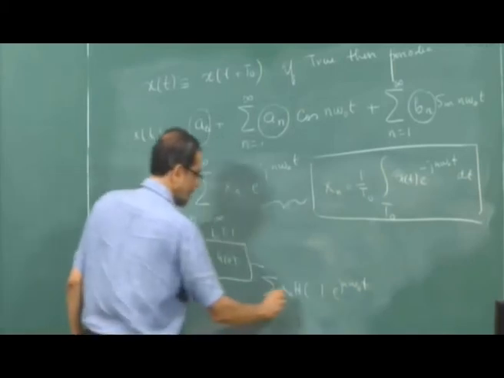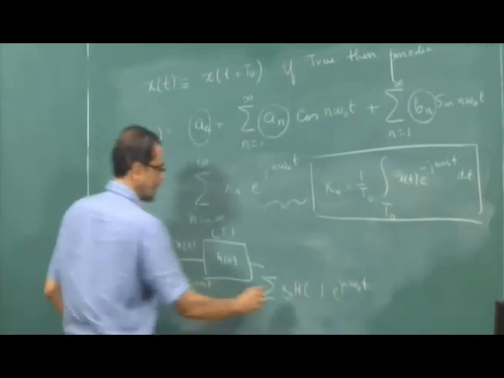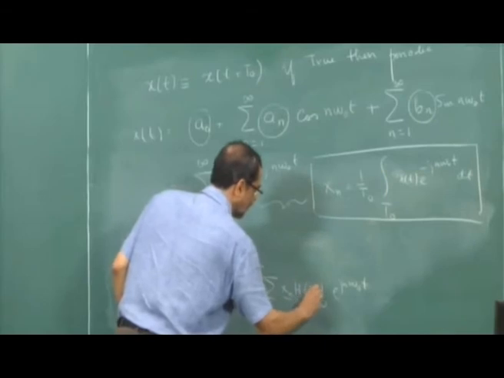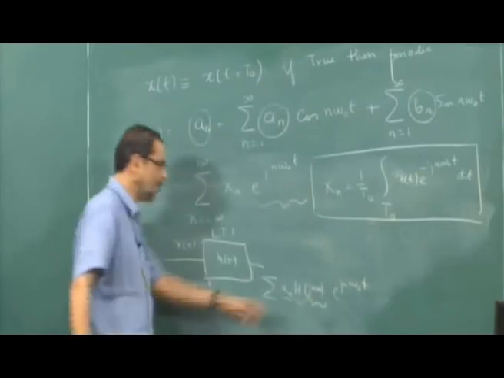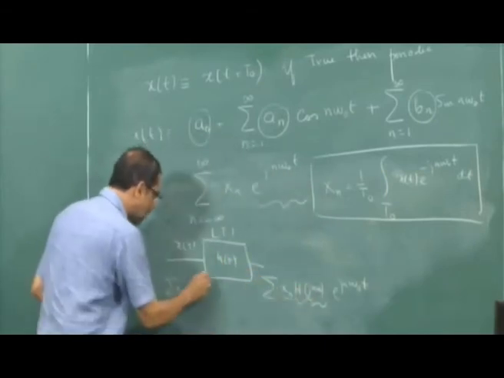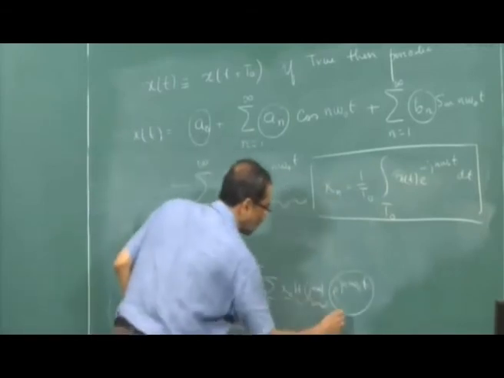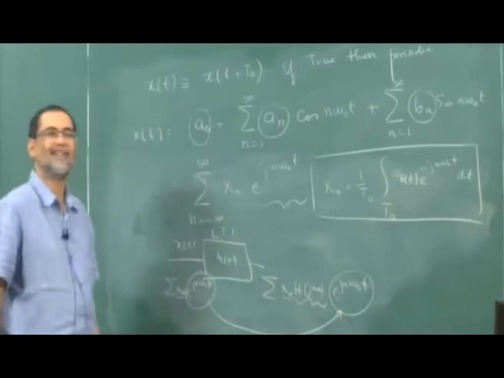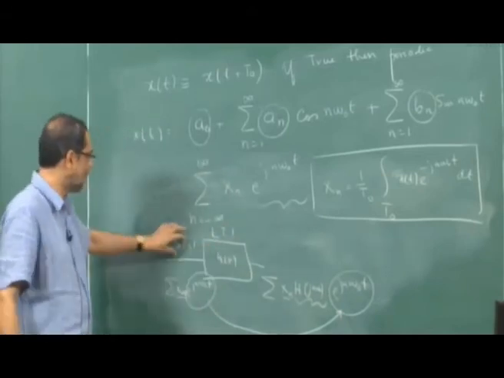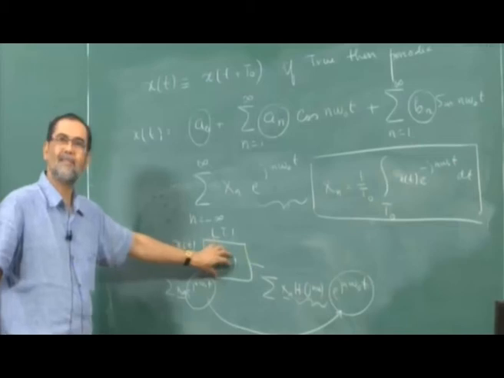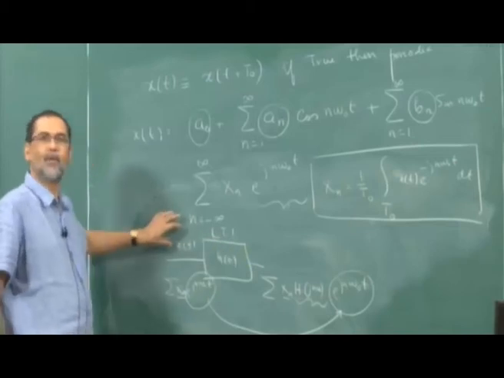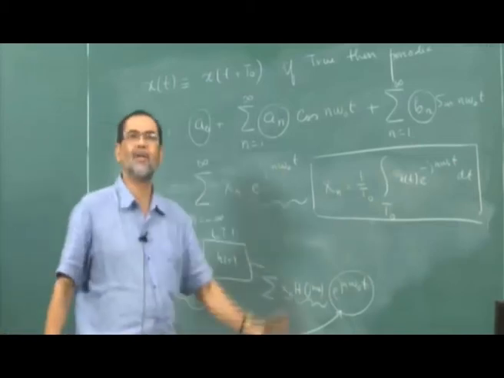Xn is a constant, it comes out. There is a frequency dependent scaling factor and the same frequency comes out. That is the beauty of eigenfunctions. So what this says is, the moment you tell me the system is LTI and the input is periodic, I can tell you what the output will be.